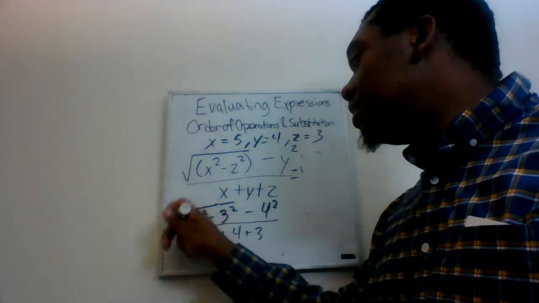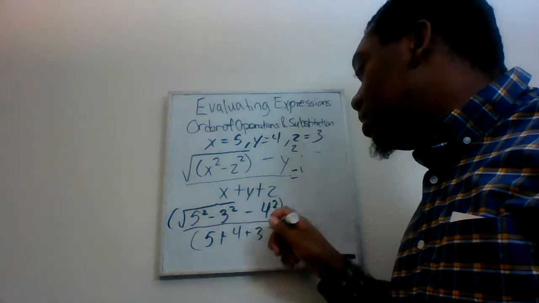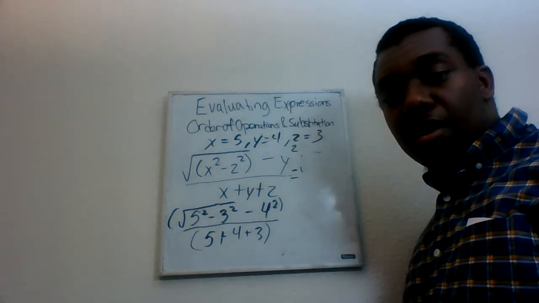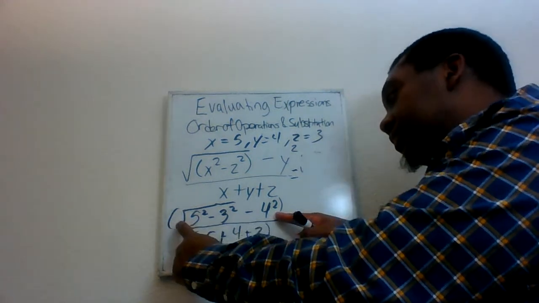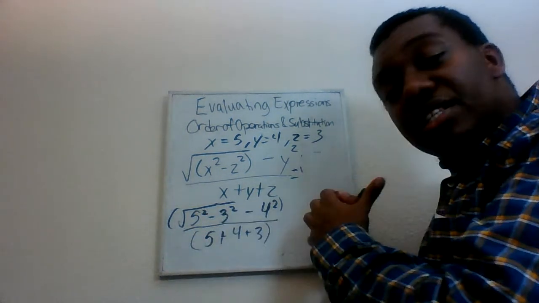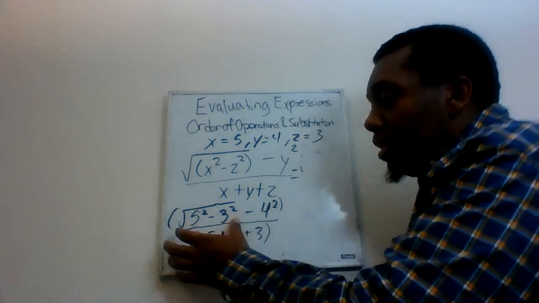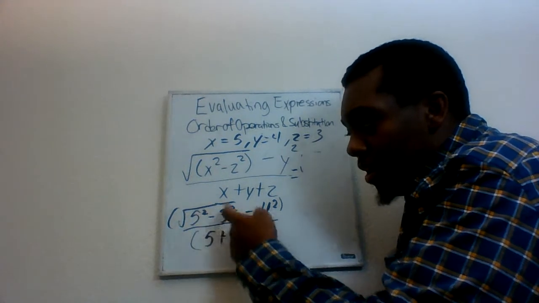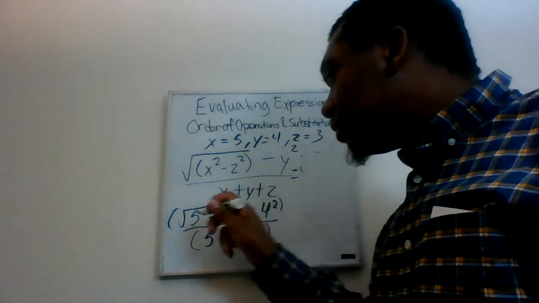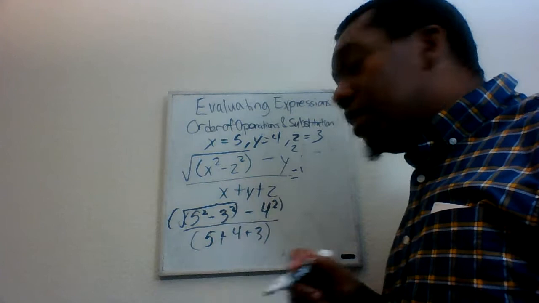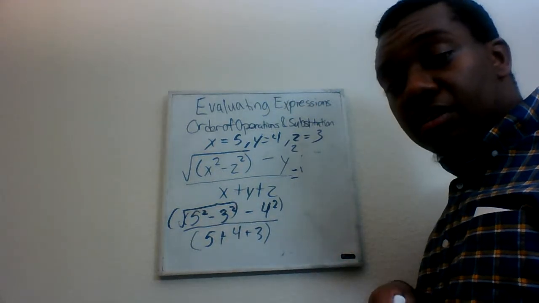So even if you want to do this, you can, and that's perfectly fine. So first things first, we go into this grouping, and then inside of here, we actually have another grouping. This square root is over this entire expression, so therefore, it is another grouping on its own. So we would go in there first before we did anything else.